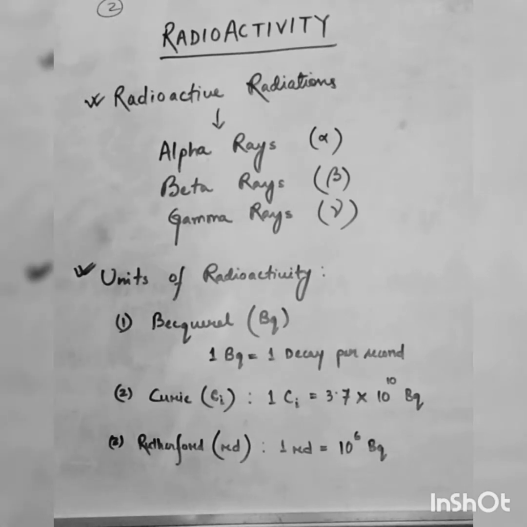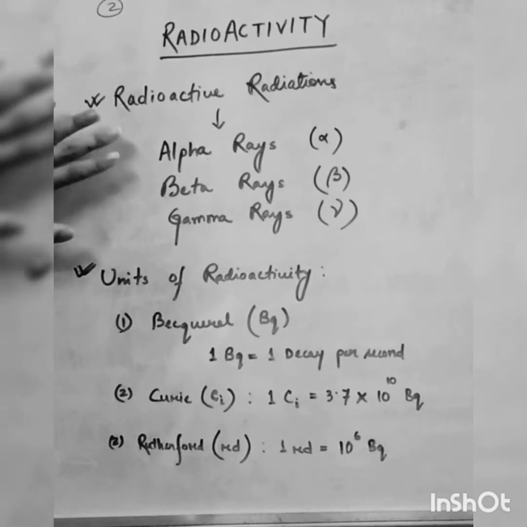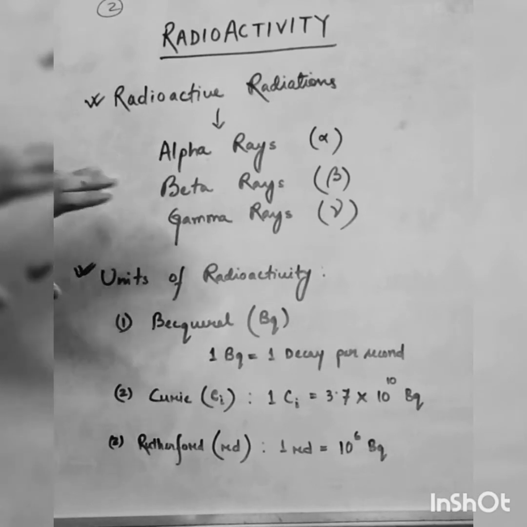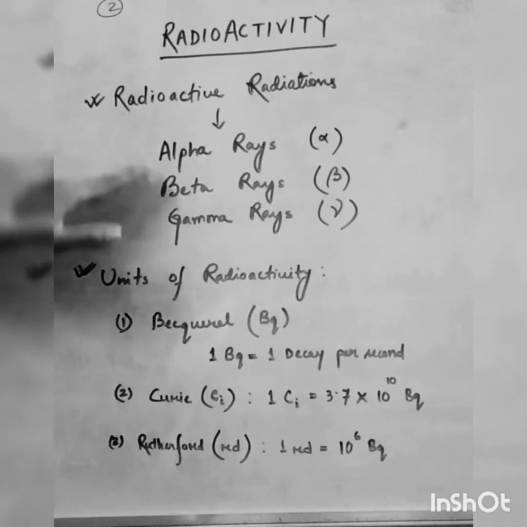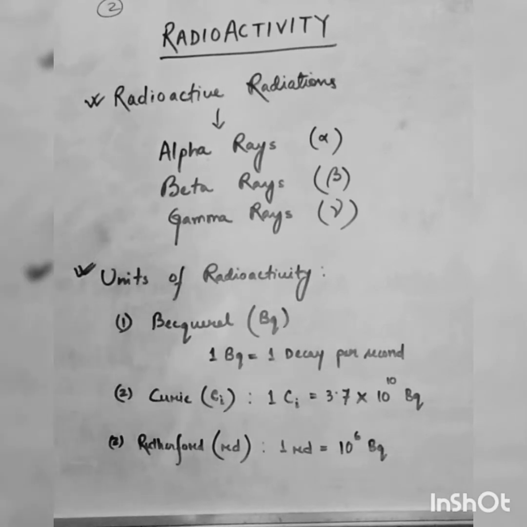Radioactivity is the spontaneous disintegration of the nucleus of one or more atoms. In radioactivity, the radiations which are emitted are known as radioactive radiations. Radioactive radiations can be alpha rays, beta rays, or gamma rays.